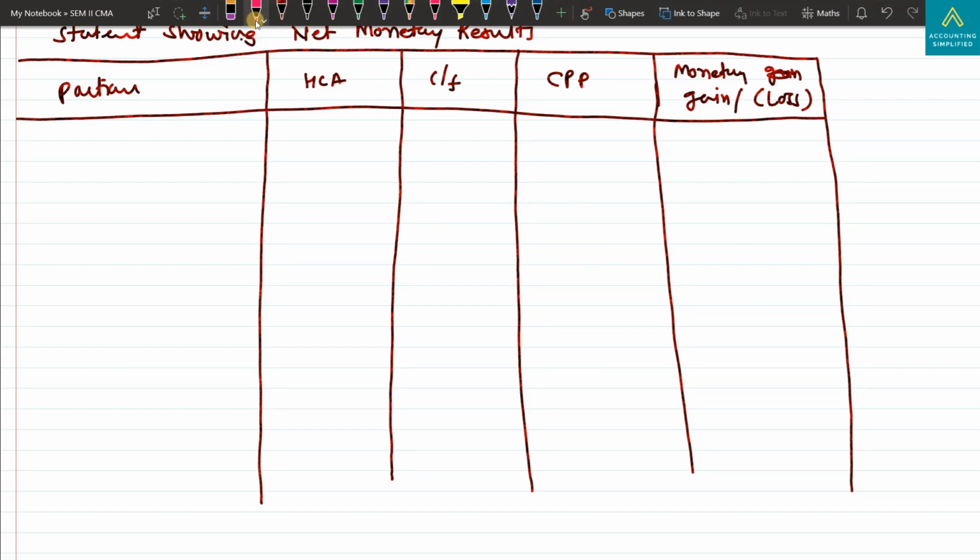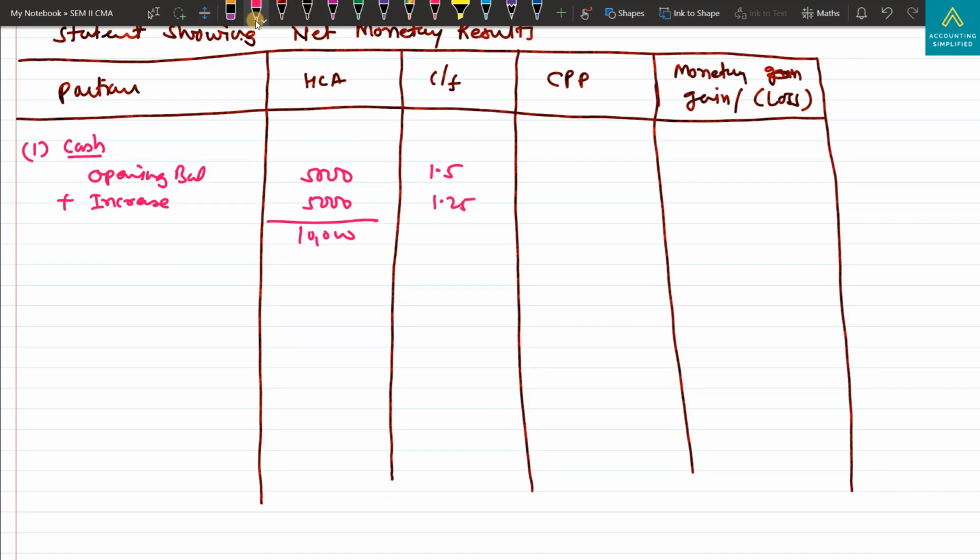First thing is cash, right? Write down cash. The opening balance is 5,000, plus the closing balance is 10,000, so an increase of 5,000, and it becomes 10,000, right? For opening we have the opening conversion factor, and for the increase during the year, 1.25 we will multiply.